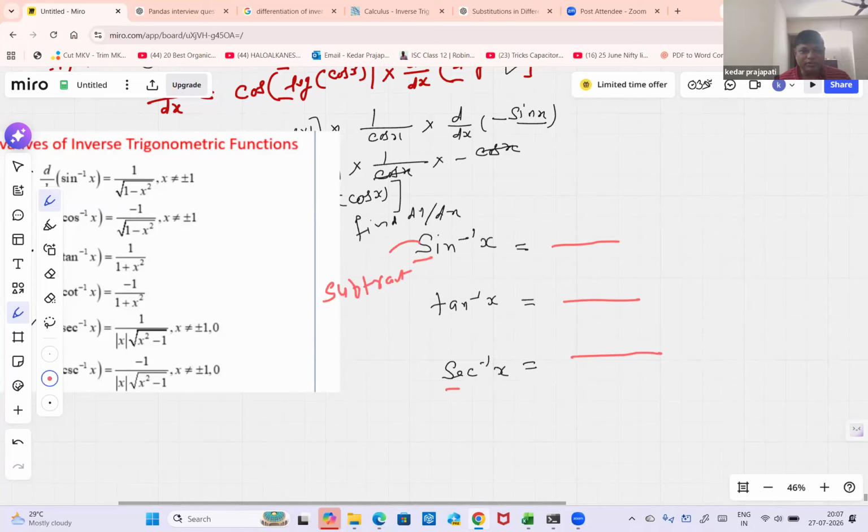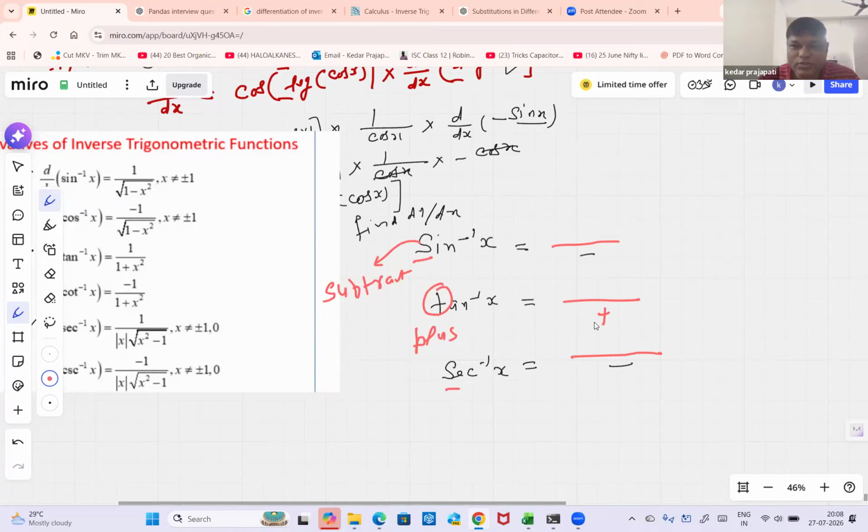S stands for subtract. So here subtract with minus. So you will give minus here. But what is this t? This t looks like plus. So you'll give here plus. So this trick, if you remember, you will never forget.